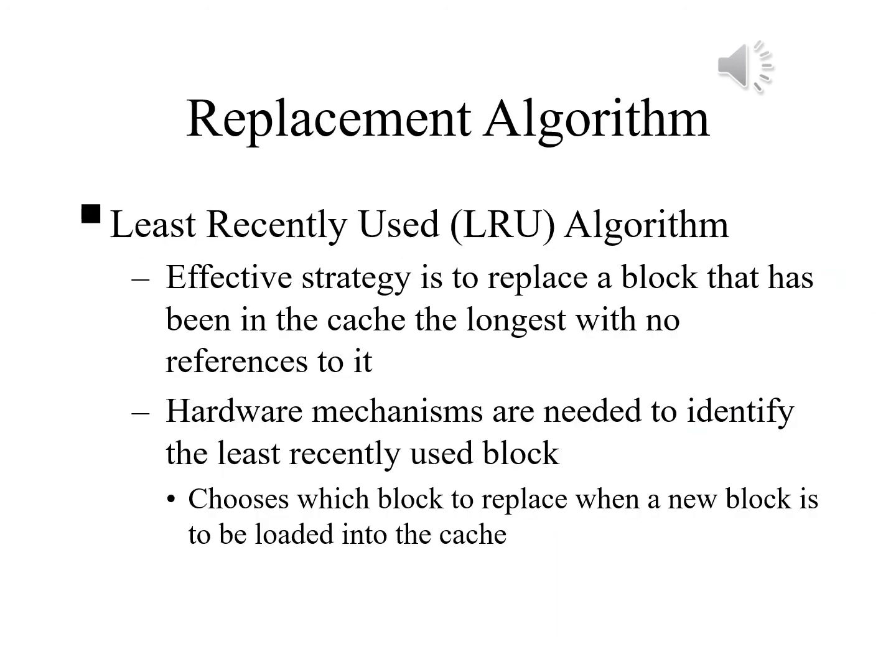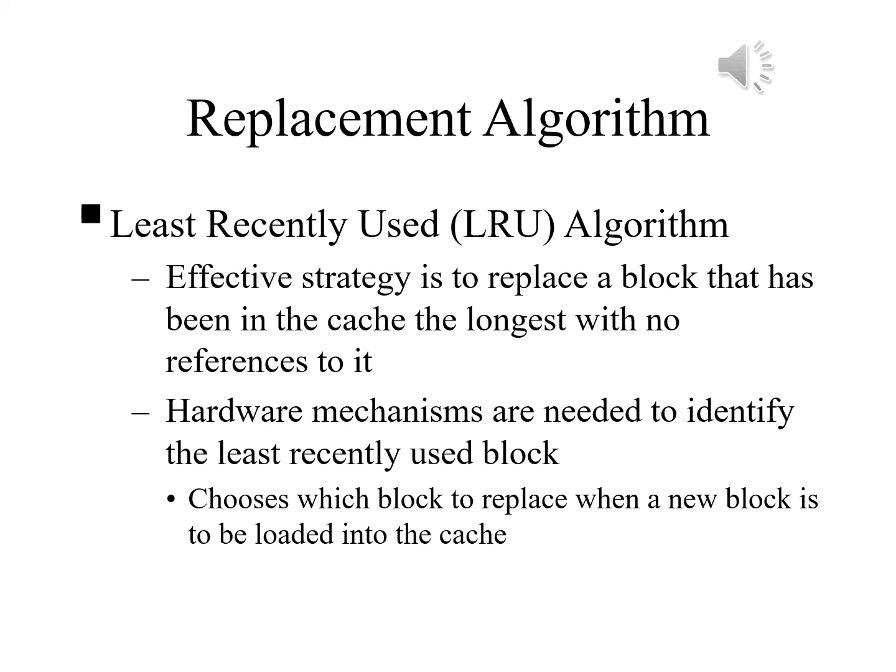The replacement algorithm chooses, within the constraints of the mapping function, which block to replace when a new block is to be loaded into the cache and the cache already has all slots filled with other blocks. We would like to replace the block that is least likely to be needed again in the near future.